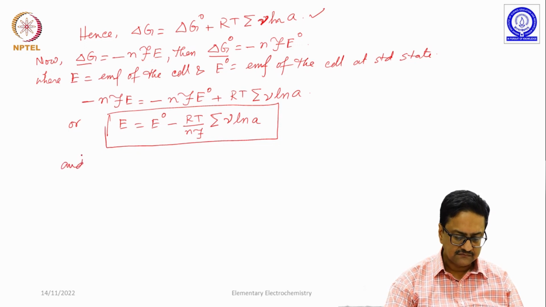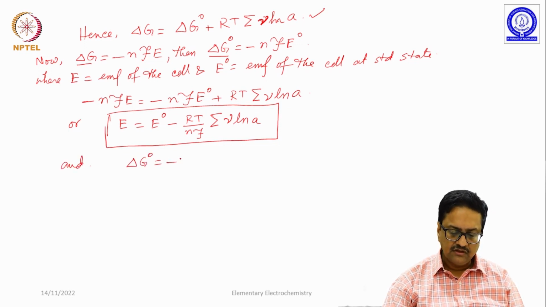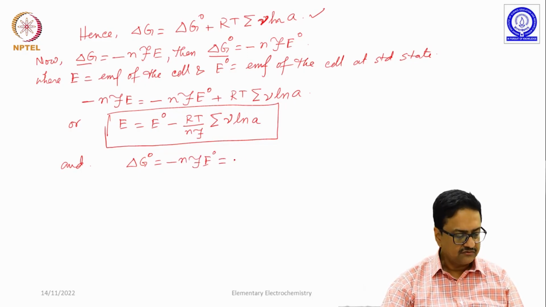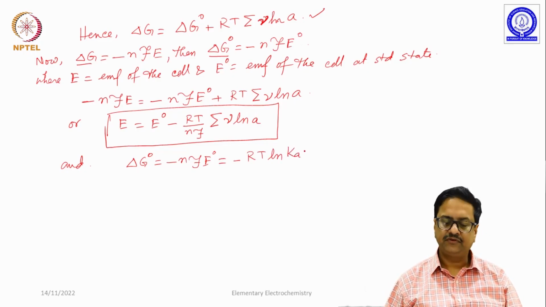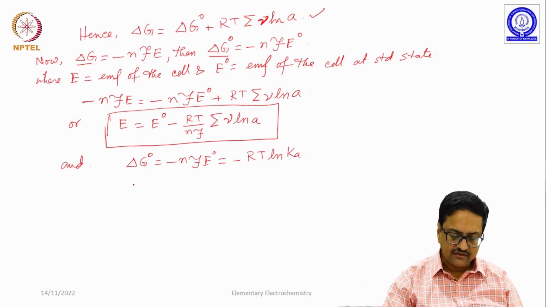And delta G0, which is equal to minus nFE0, is also equal to minus RT ln Ka, which we saw in the previous slide.